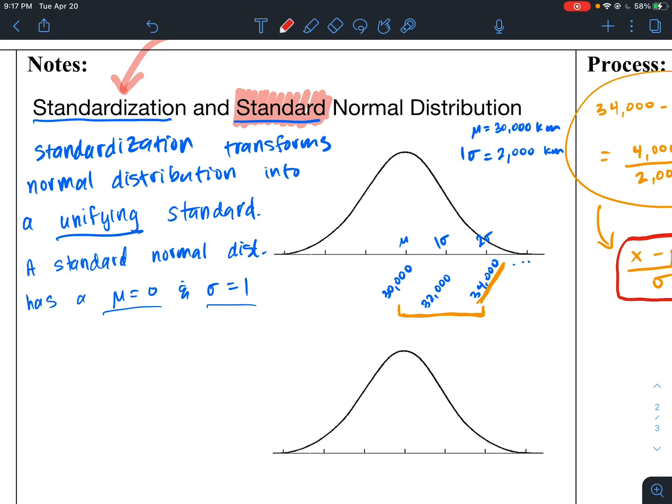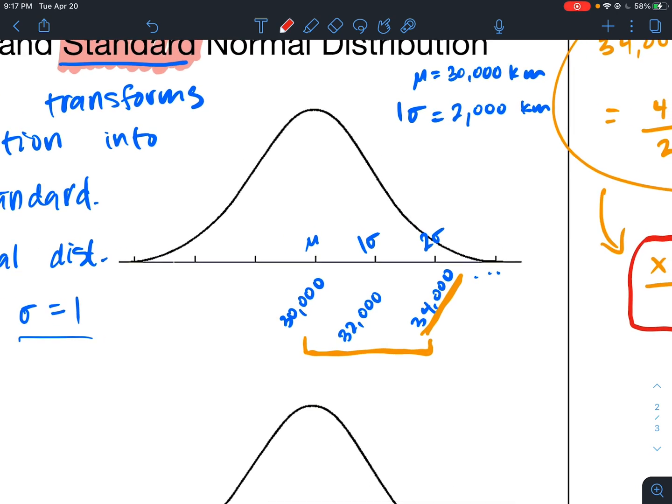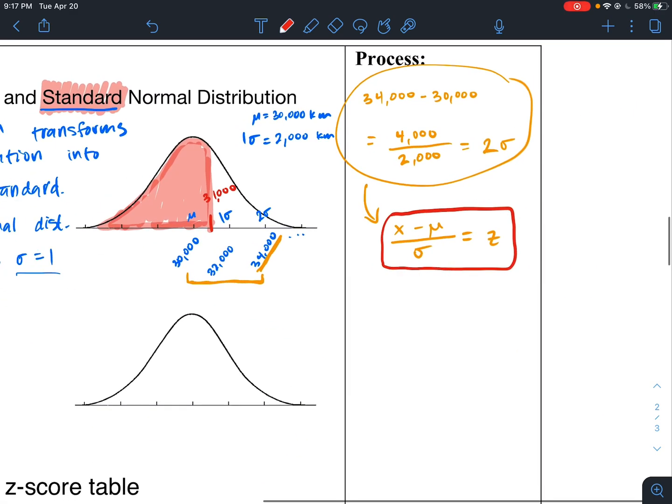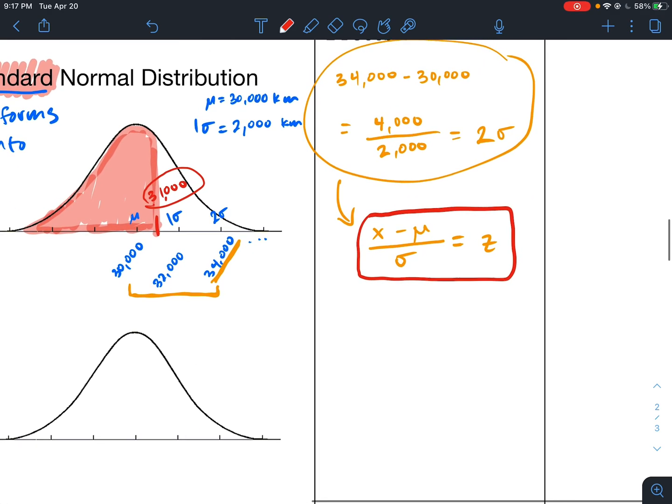What if I asked you to find the area under the curve for a tire that lasted 31,000 miles? Now, there's no empirical rule that tells you how much this is. But I can convert this and standardize it into a standard normal curve.